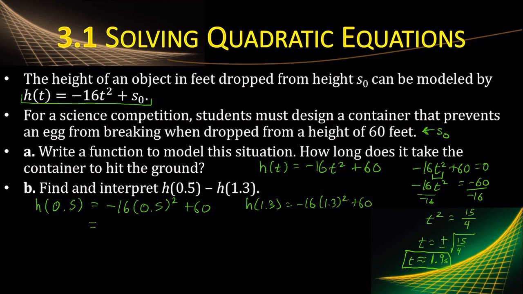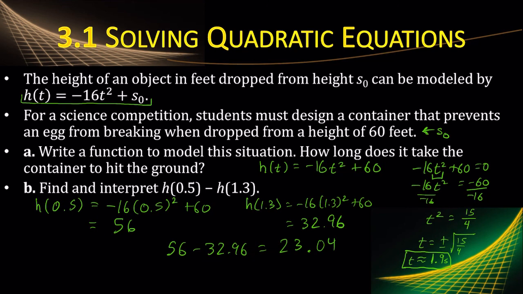All right, so h of 0.5 is 56. H of 1.3 is 32.96. So if I subtract those, I get 23.04.